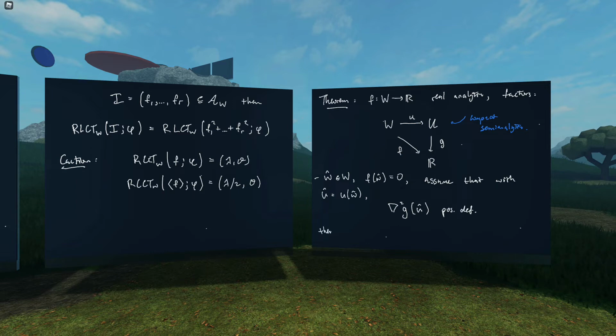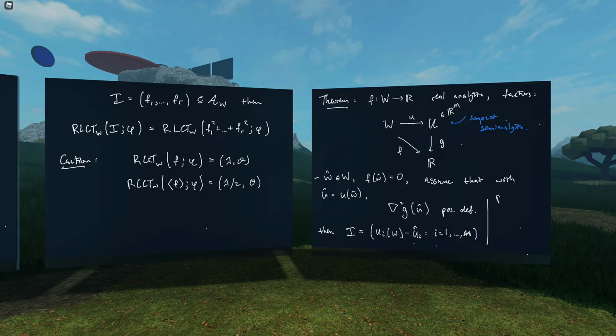Then we'll define an ideal to be generated by each of the components of the map, and the RLCTs will be equal.